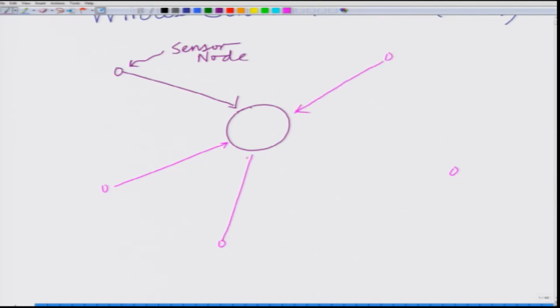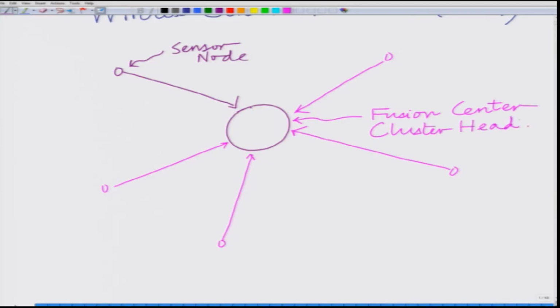All these small circles are the sensor nodes which are sending their measurements to a fusion center, also known as a cluster head in a wireless sensor network. Cluster head means it is the head node of this cluster of sensor nodes. Fusion center means it is the center which fuses the measurements from the different sensor nodes. In the signal processing context this is known as a fusion center, and in a networking context it is known as a cluster head.